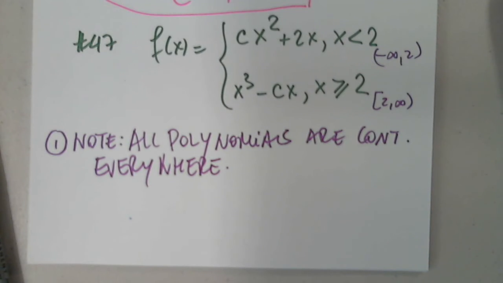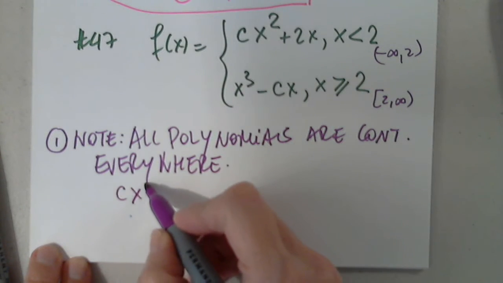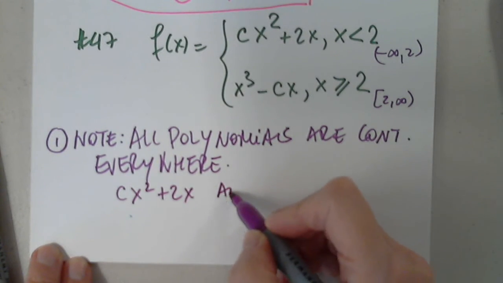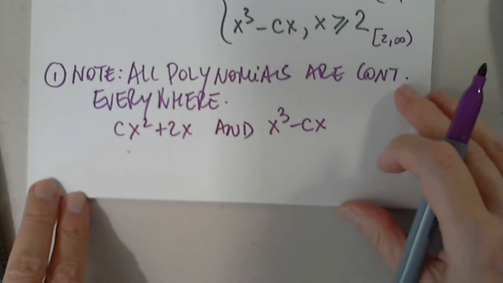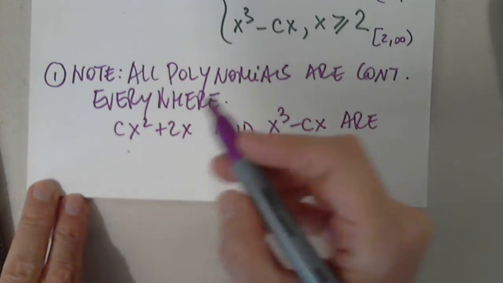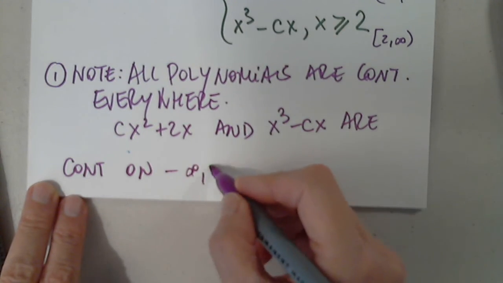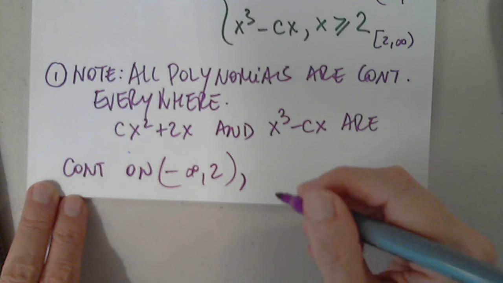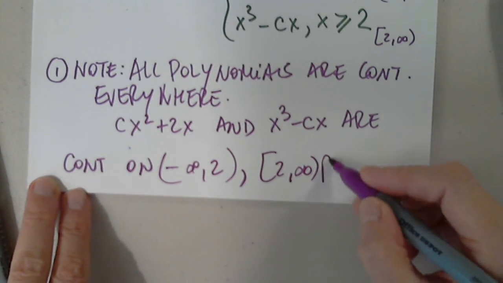They are continuous everywhere. There is no gap, no jump, no removable discontinuity, no infinite discontinuity. So because of that, cx squared plus 2x and x cubed minus cx are continuous on negative infinity to 2 and 2 to infinity respectively.